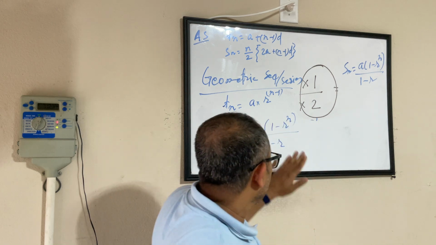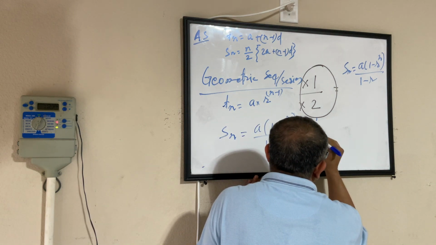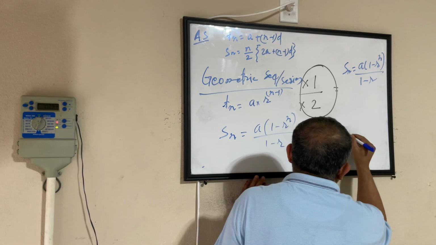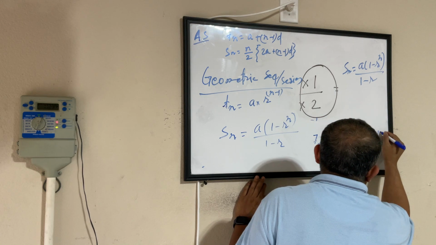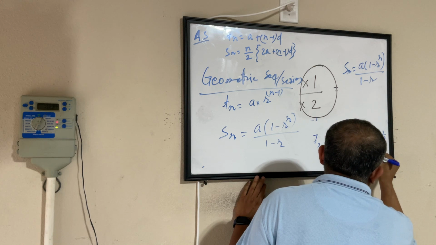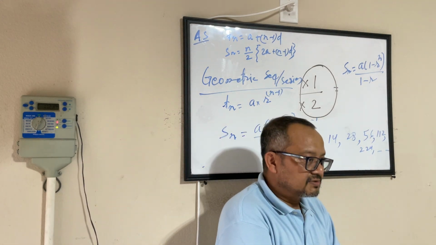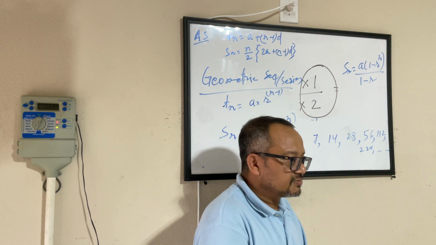Okay. Now, let's say somebody gives you a sequence: 7, 14, 28, 56, 112, 224, and it just goes on. Find the sum of first 5 terms, or first 6 terms, or first 10 terms.